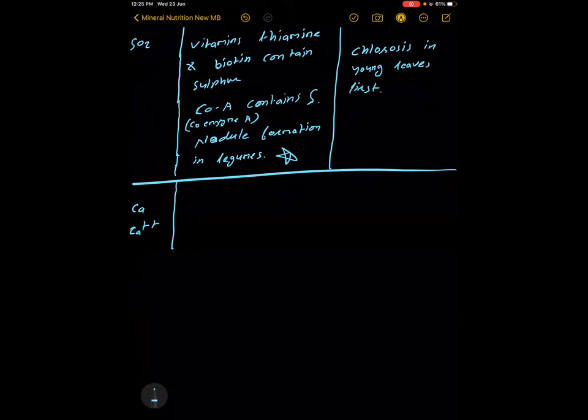And middle lamella is made up of calcium pectate, magnesium pectate. So it is the main component of middle lamella as calcium pectate.